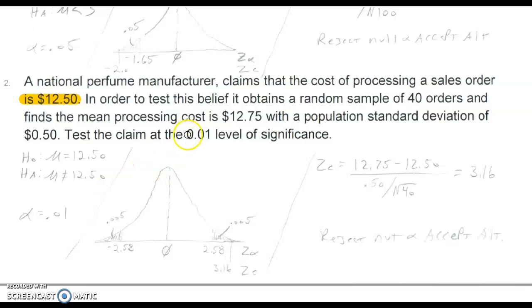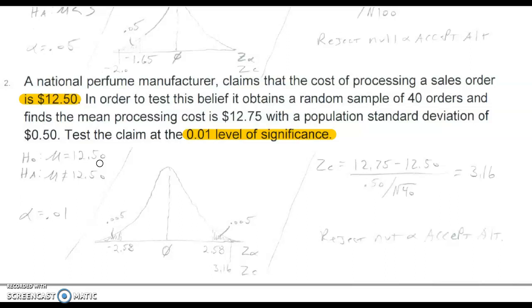Our alpha level of significance is given at 1%. So we've got that there. Step 3, let's find our critical Z. To do that, we draw our diagram and determine if this is a left, right, or two-tailed test. And because we have an equality in the null, we would say it's a two-tailed test.